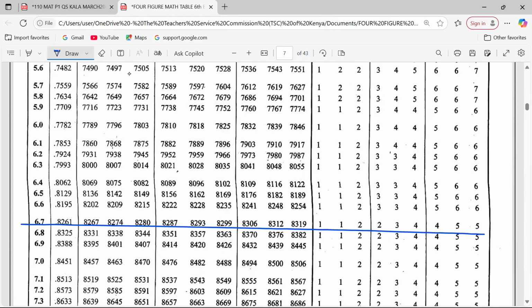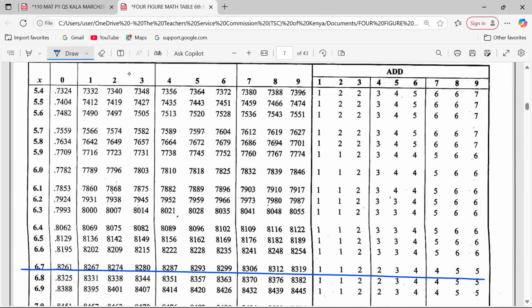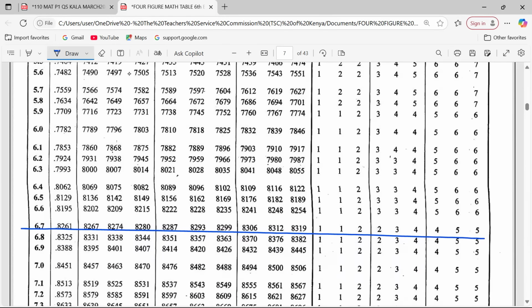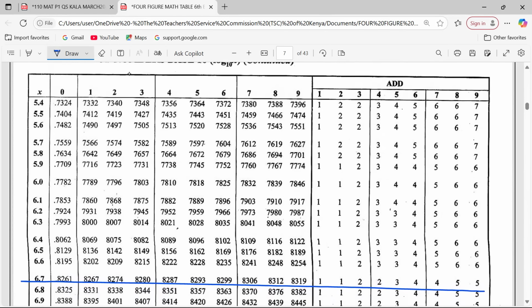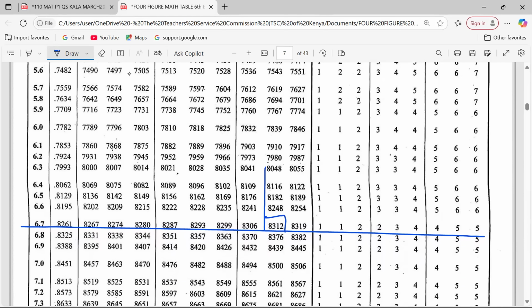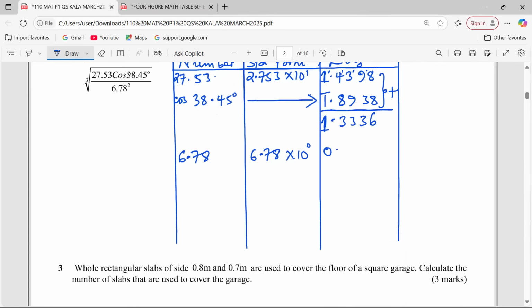That is the row, 6.78. So 8. Now we come to this column with 8. What are we finding here? So it's 0.8312. Something else that you're supposed to note is that the denominator has been squared.